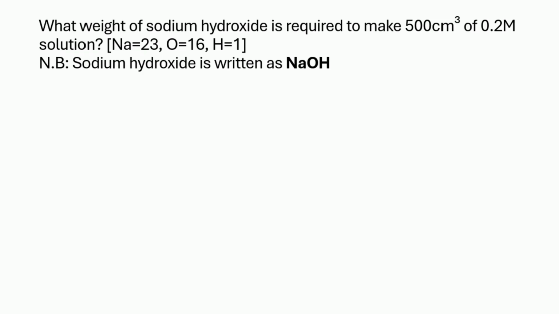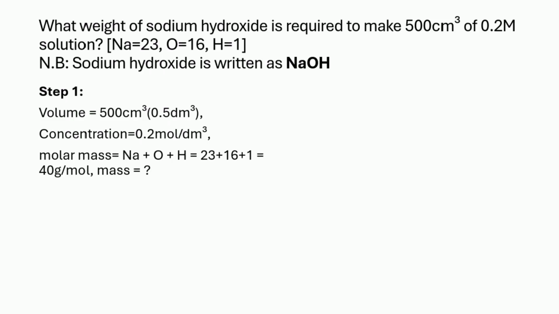Now this is the question. Just a note of caution: sodium hydroxide is written as NaOH. Sodium is Na, hydroxide is OH minus, and they come together to give NaOH. So how do we do that? In step one, the volume is 500 cm cube, and note that your volume has to be in dm cube.